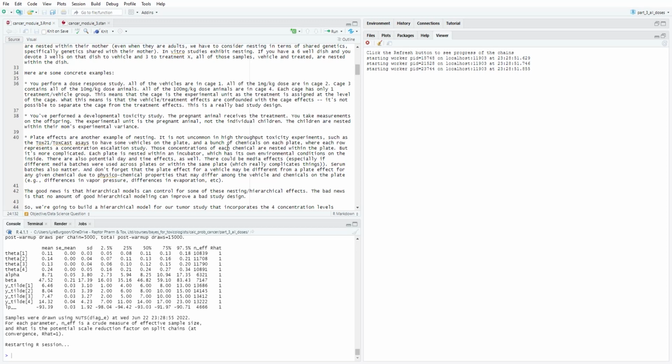We talked about the pregnant animal thing, but in this section I'm giving you lots of concrete examples of where we see this. If you're one of the people who likes to use ToxCast and Tox21, I feel for you, because you're dealing with a lot of nesting in those assays.